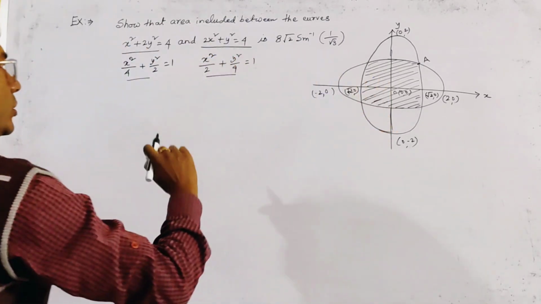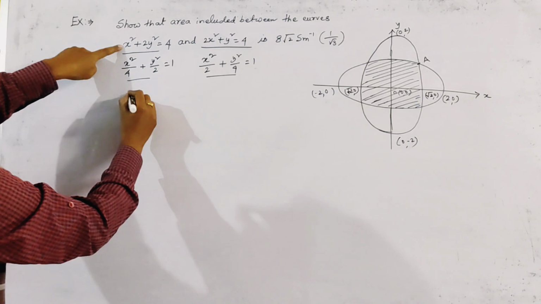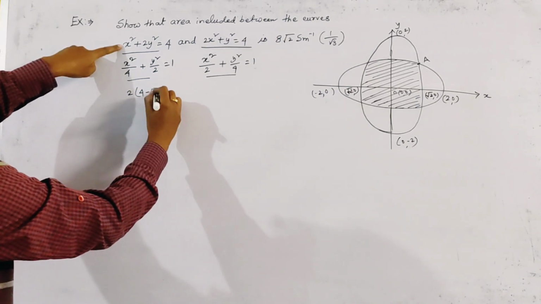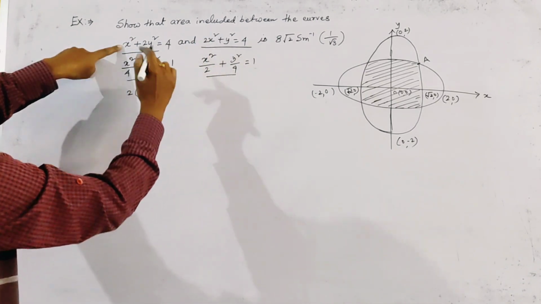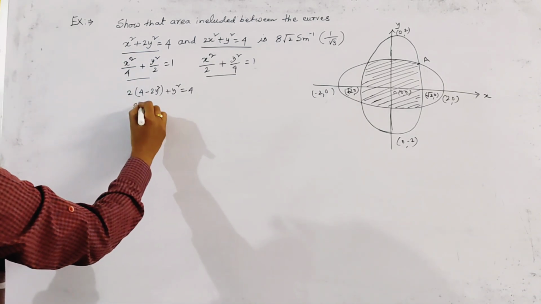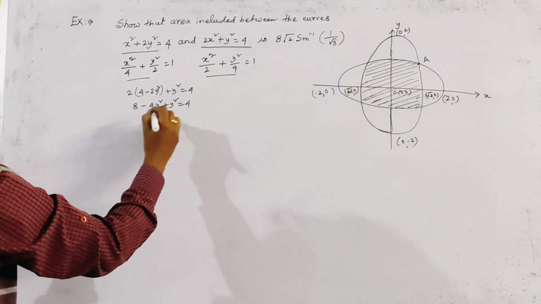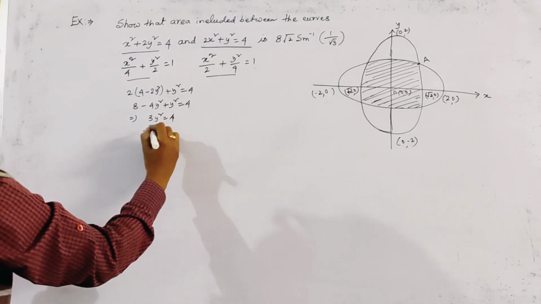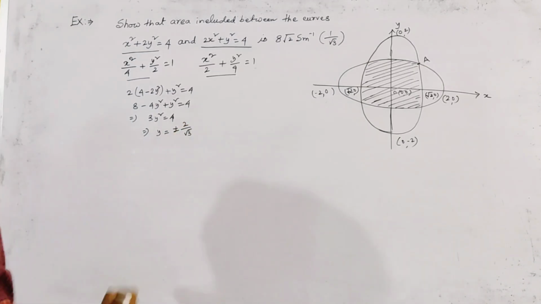To find the point of intersection, we put the value of x square here. We get 2 into (4 minus 2y square) plus y square equal to 4, that is 8 minus 4y square plus y square equal to 4, that is 3y square equal to 4, and we get y equal to plus or minus 2 by root 3.